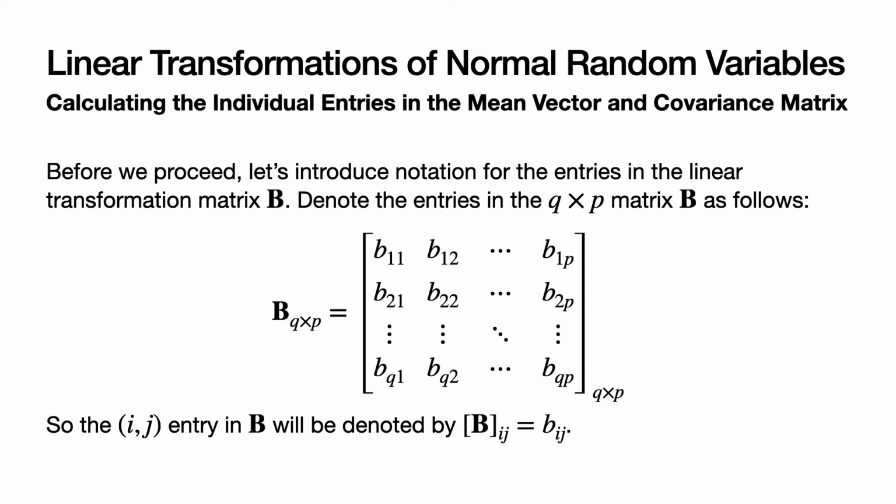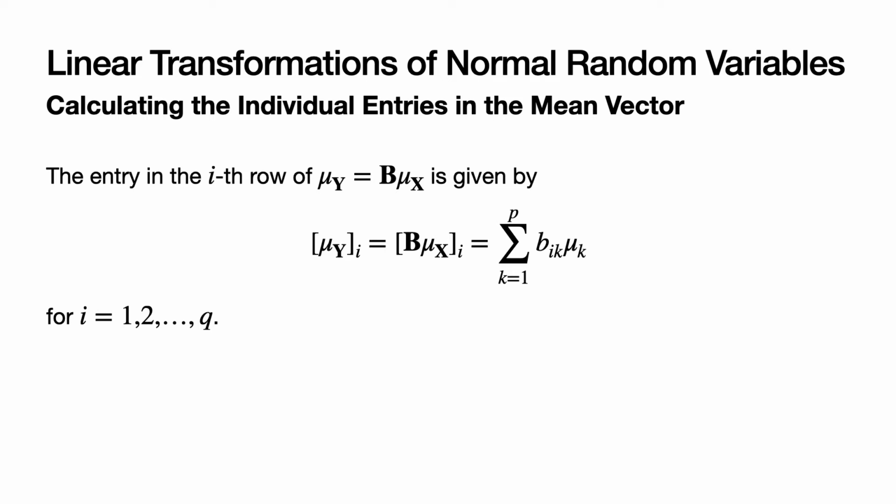Now that we have this notation, we can come up with formulas for the entries in the mean vector for y and the covariance matrix for y. The entry in the ith row of the mean vector of y, mu sub y, is equal to the sum k going from 1 to p of b sub ik times mu sub k.